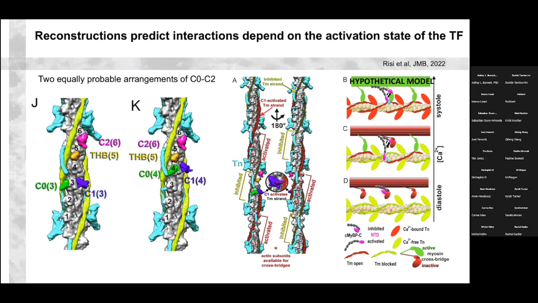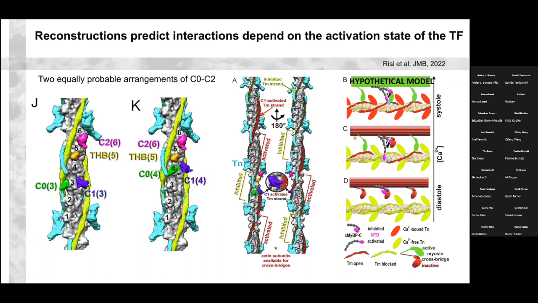But we predicted that there'd be very little interaction during diastole or at low calcium, and then that we'd get probably maximal interaction at intermediate calcium, and then there would be a clash with myosin heads at very high calcium. That clash actually could dislodge myosin binding protein C and reset the cycle.